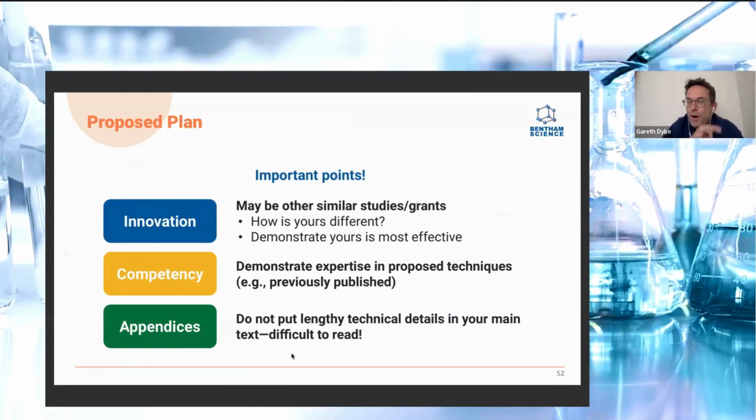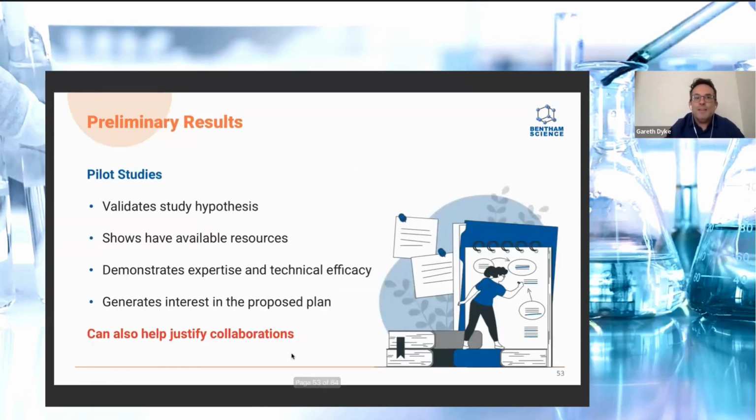There are a number of important key components here. Innovation, competency, and any other additional pieces of information that need to go into the grant application that might be included as appendices. You will have to show that you are aware of and that you have preliminary results.